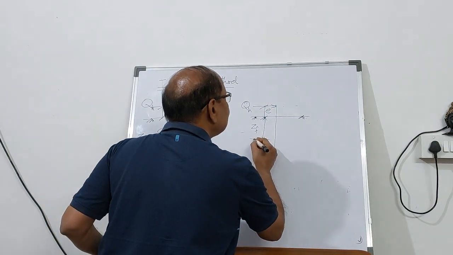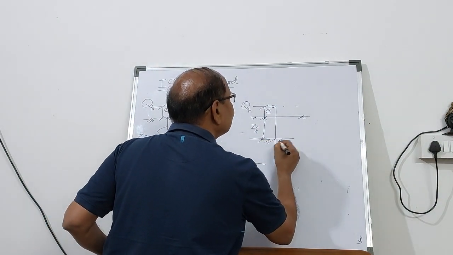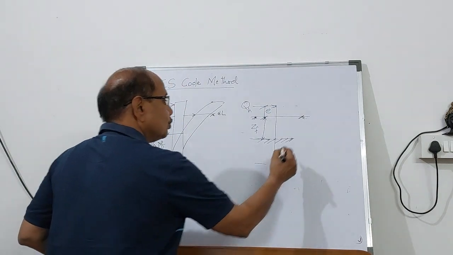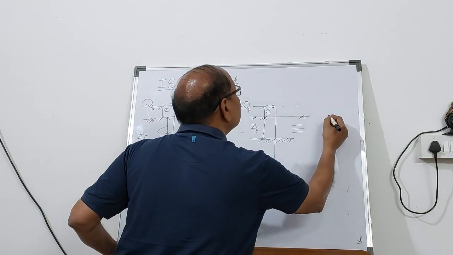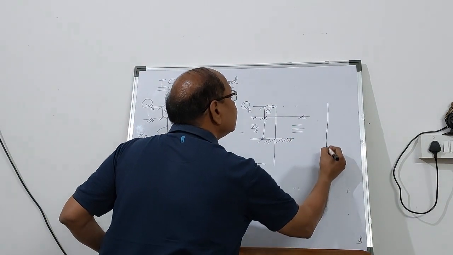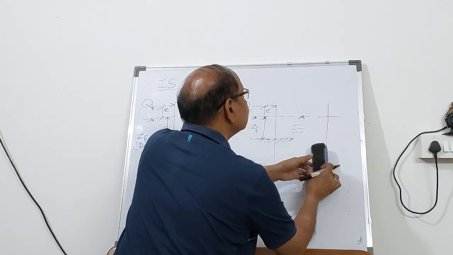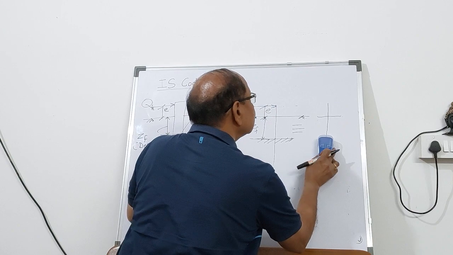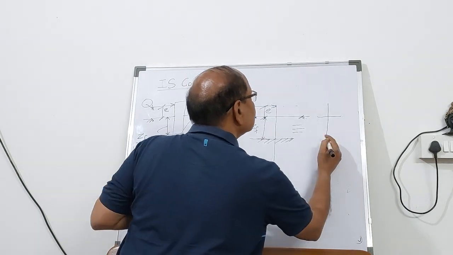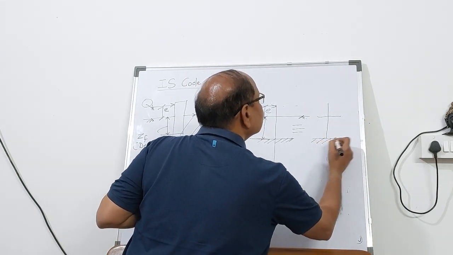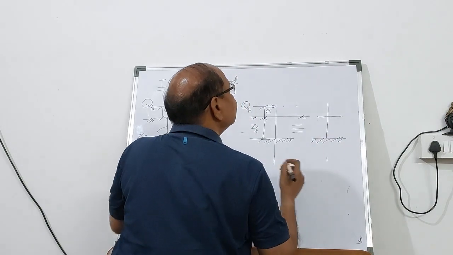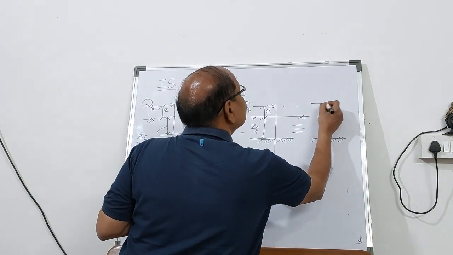Now consider this pile as fixed here. So this is equivalent to a pile where this is the fixed end, and the total length where this is the QH.